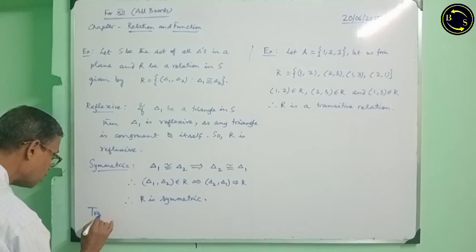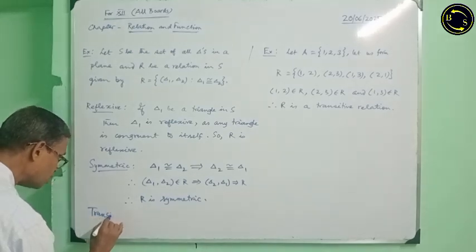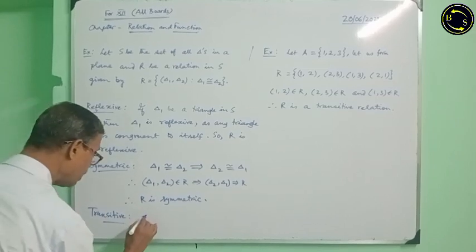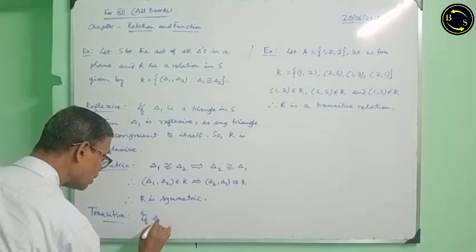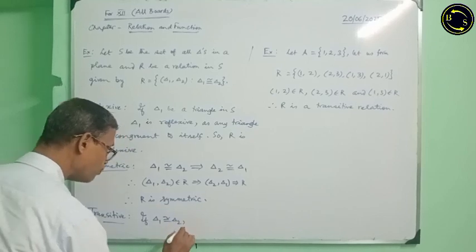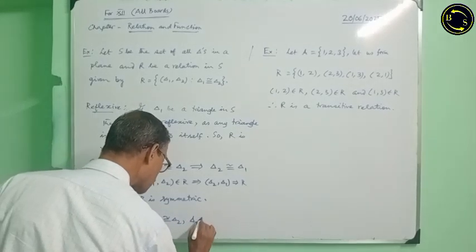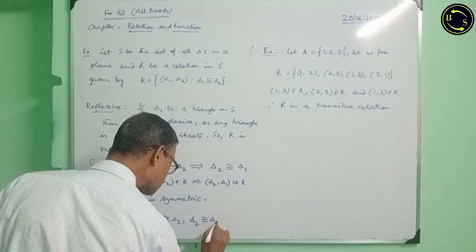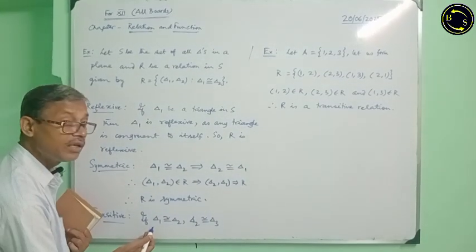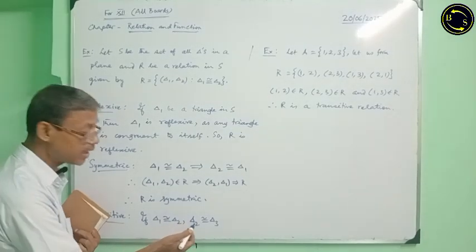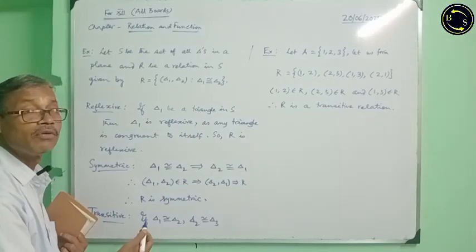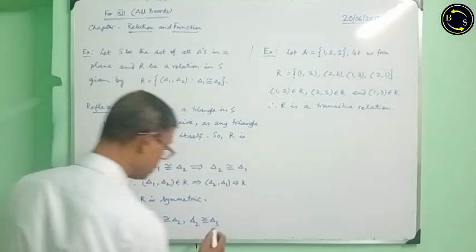Transitive or transitivity. If delta 1 is congruent to delta 2, and delta 2 is congruent to delta 3, the first triangle is congruent to the second, the second is congruent to the third triangle. Therefore, the first and third will be congruent.